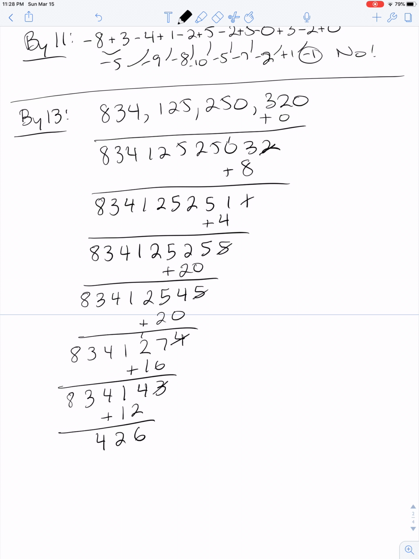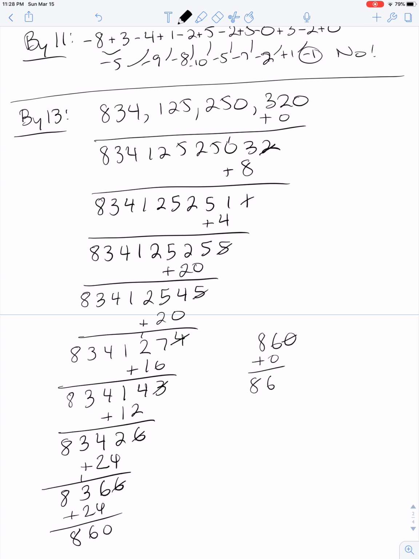2, 4, 8. Multiply 6 times 4 to get 24. Multiply 6 times 4 again to get another 24. So again, we've got 0, so multiplying that by 4 is just going to give us plus 0.